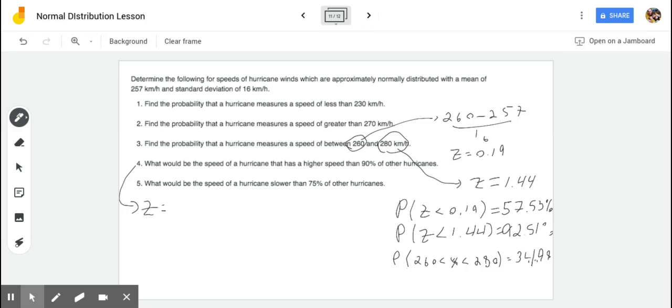So if z equaled 1.28, we have to work backwards to find out, okay, what's x now? We have 1.28 as our z value. We don't know x, but we know we have to subtract 257 and divide by the 16. If you cross multiply the 16 and the 1.28, we get 16 times 1.28, which gives you 20.48.